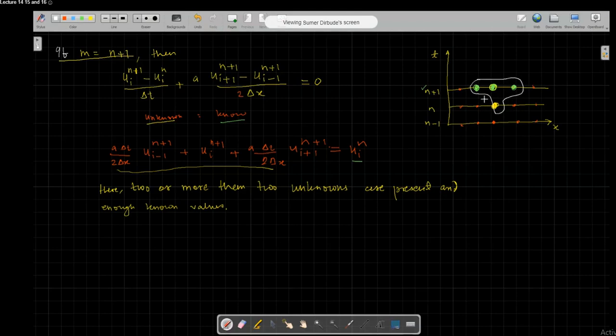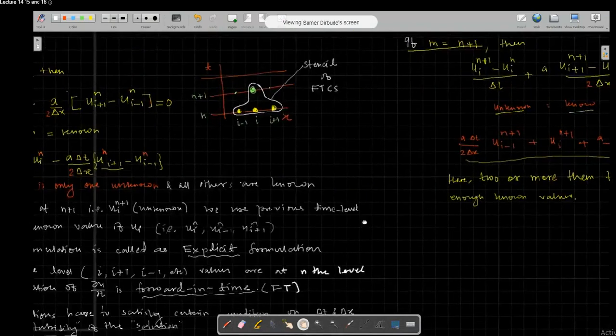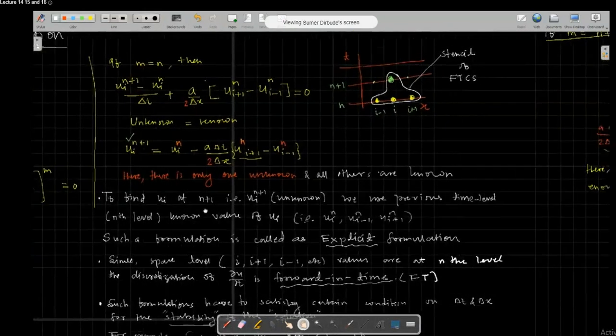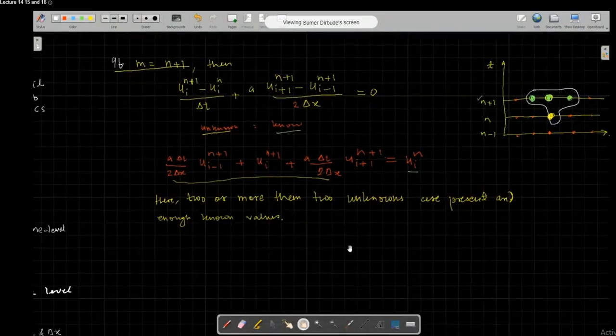Previously this one was n plus 1 and all others were at n level. Now the thing is different. So this is a stencil for this particular scheme.